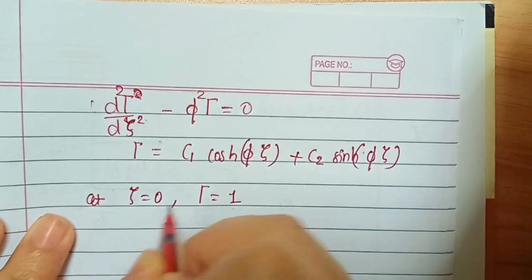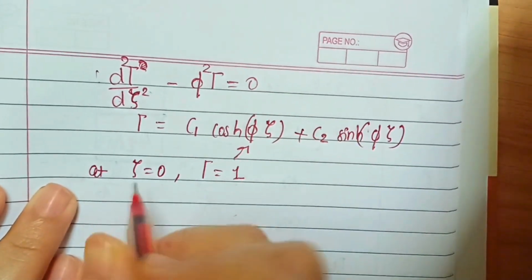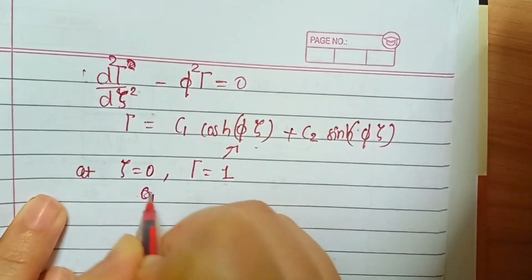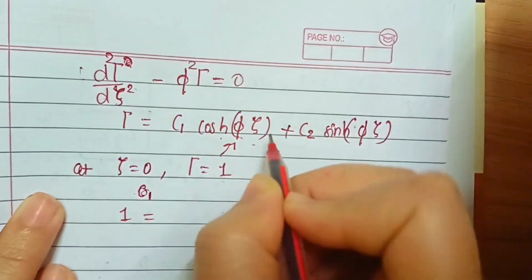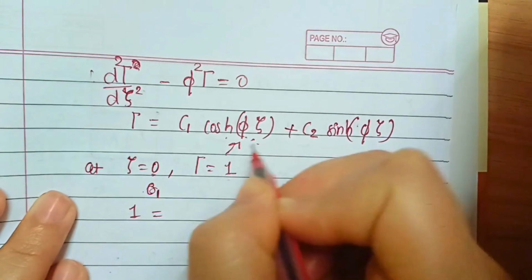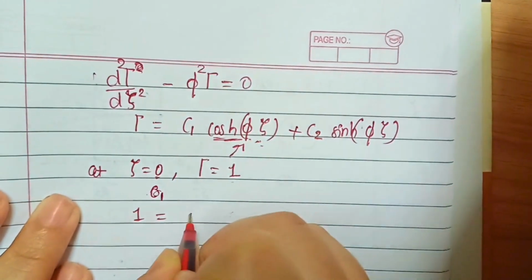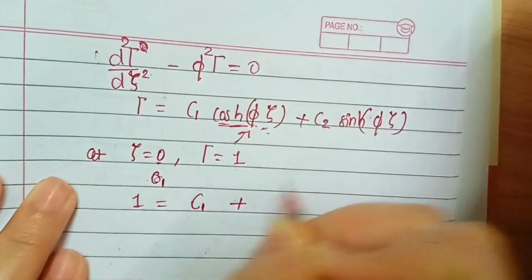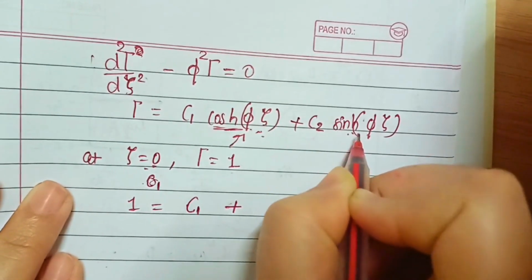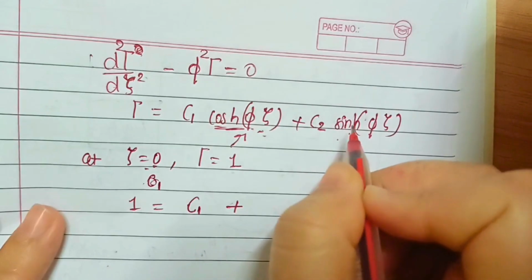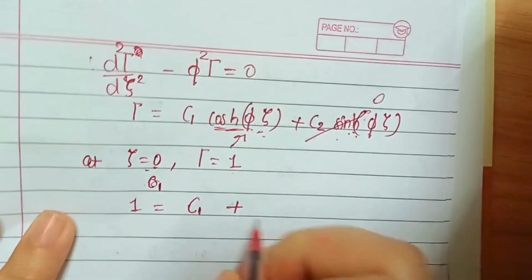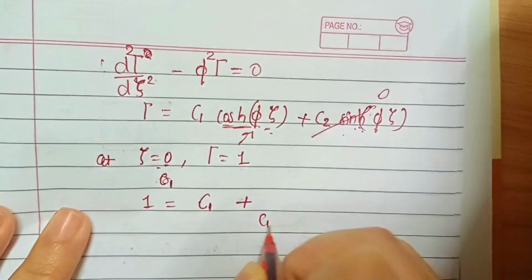After applying this boundary condition, we get 1 is equal to C1 cosh 0 plus C2 sinh 0. Putting zeta as 0, cosh becomes 1, so it will be C1 only, and sinh 0 is equal to 0, so that term will be 0. So it will remain with only C1, and C1 is equal to 1.